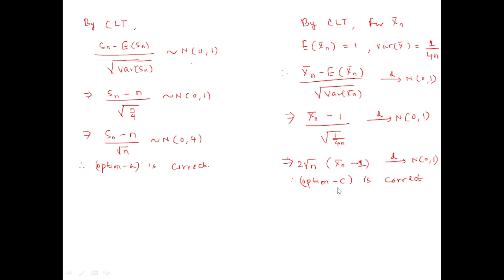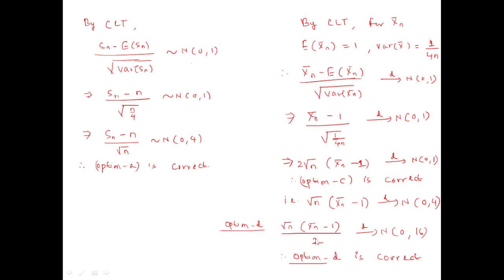Now, I read this form mistakenly. Here it is 2, so 2 squared is 4, which comes in the denominator. It should be root n into (X bar n minus 1) converges to normal 0 comma 1 by 4.